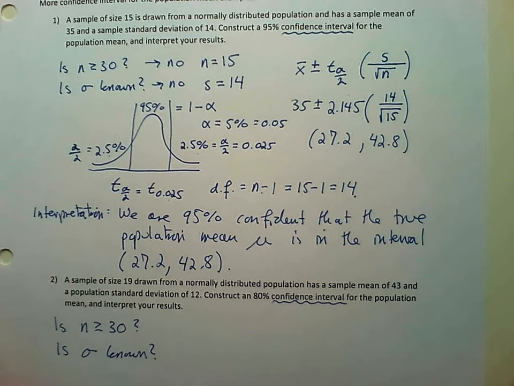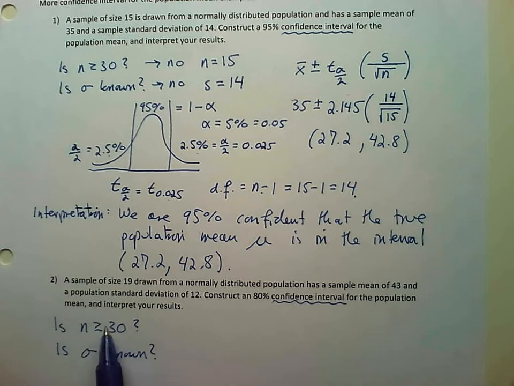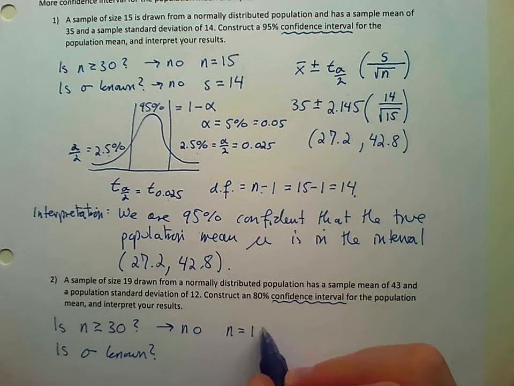That's how we've started off all of these questions so far. Alright, is n greater than or equal to 30? Here it says that we have a sample size of 19, so for this one we're going to say no, and that little n is equal to 19.